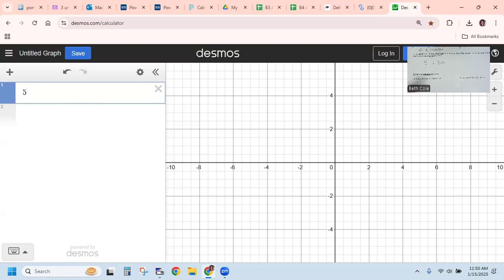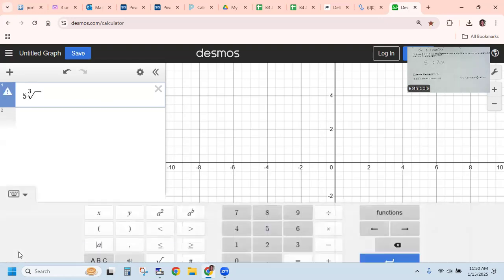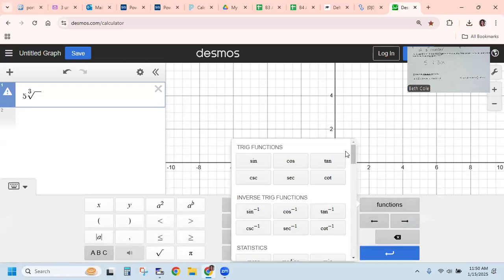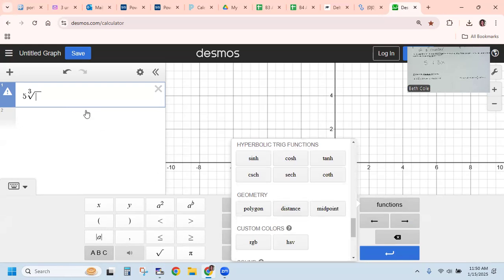Now, do you see how it's 5 cube root of A? I'll be really impressed if anyone remembers this. Do you remember how to do the abbreviated version of cube root? CBRT. If you don't remember CBRT, if you go down here into this thing and click functions, and yet things that I say, scroll all the way down, it's like all the way at the bottom, all right?